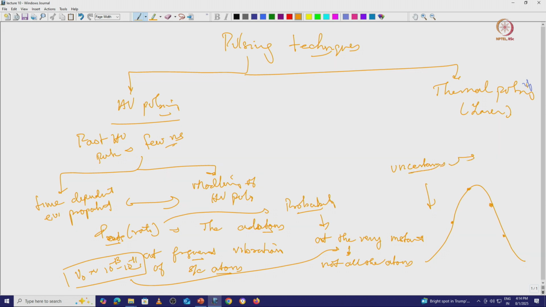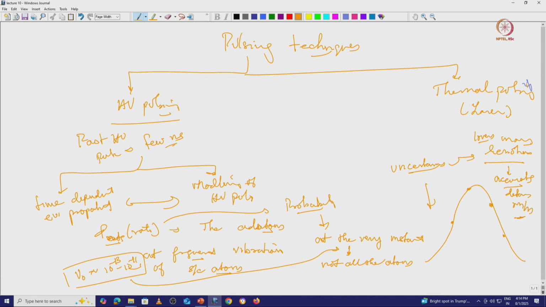So this uncertainty can lead to lower mass resolution, and it will affect the accurate determination of the mass to charge ratio.